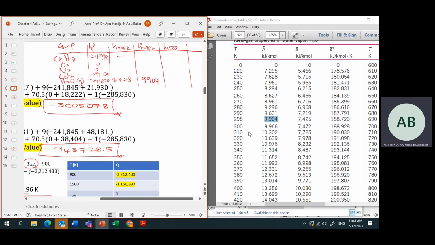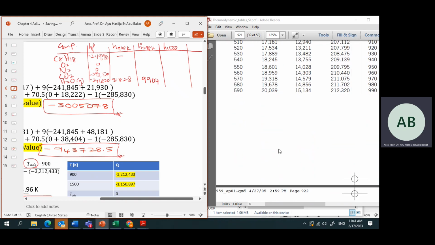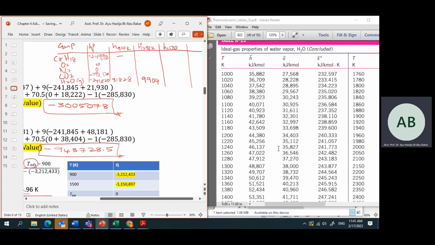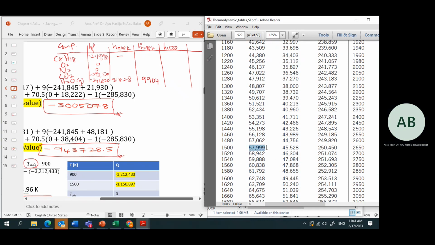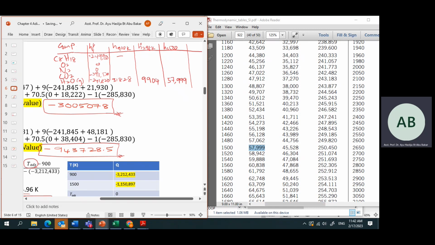Then also find for 1500 for each component because we assume two temperatures. How to simply assume the temperature?